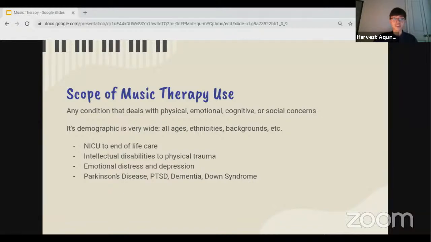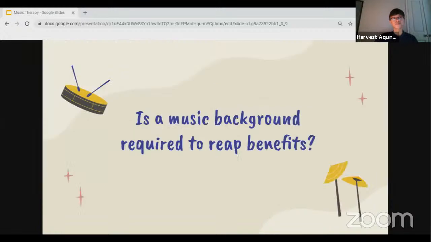So anyone from, say, infants in the NICU to geriatric patients in end-of-life care, to adolescents with intellectual disabilities, to adults with physical trauma, or cancer patients with emotional distress, or teenagers struggling with depression. Music therapy can be so helpful for so many people. To name even more, it can help in Parkinson's disease, PTSD, dementia, and Down syndrome, among others.